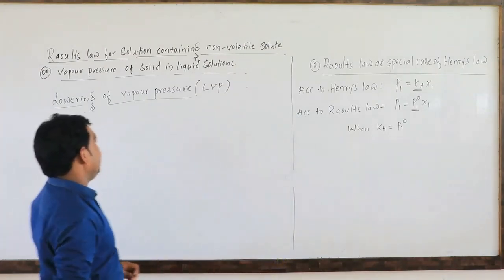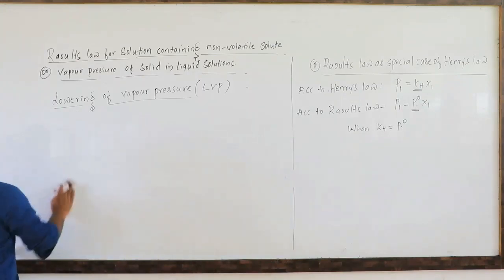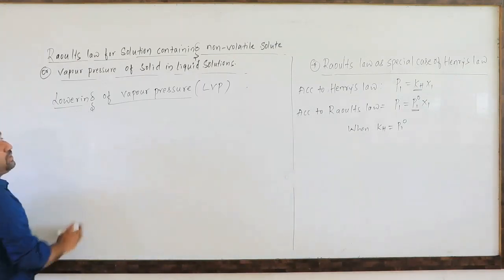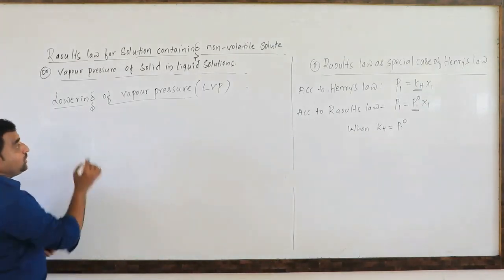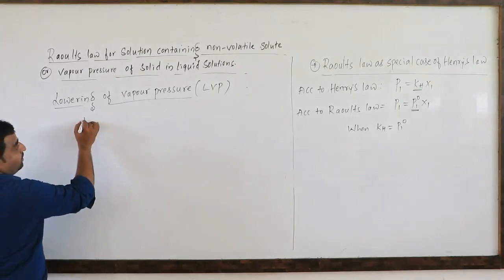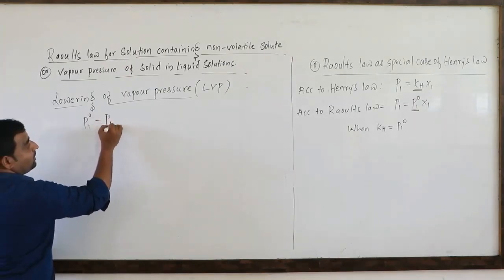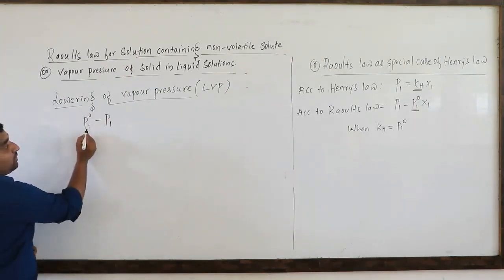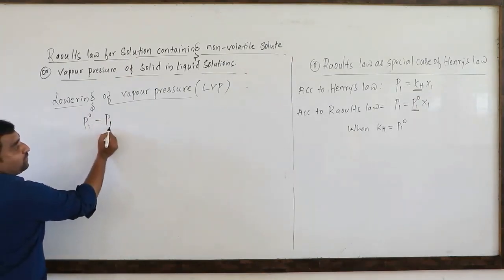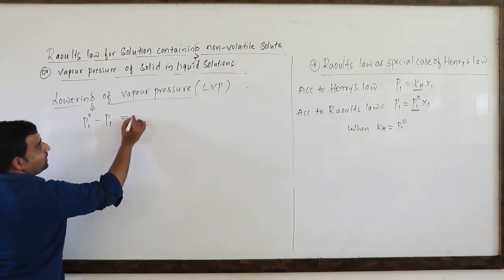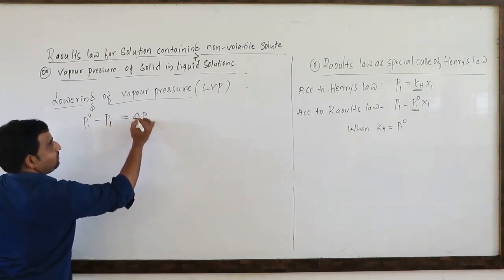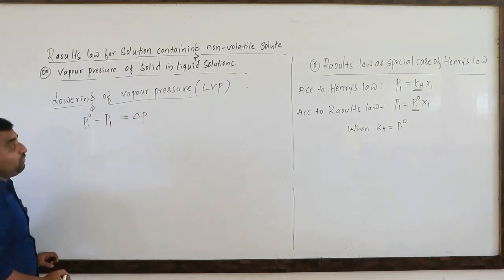One more point you can remember. If you want the difference in the vapor pressure of pure solvent and solution, P1 naught is more than P1, and if you take higher vapor pressure minus lower vapor pressure, you get delta P, the change in vapor pressure.